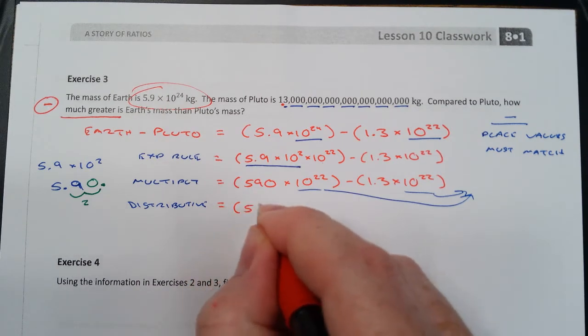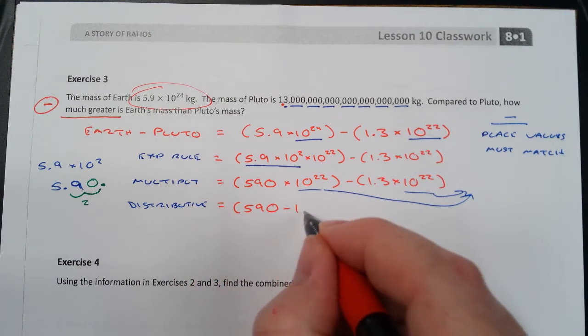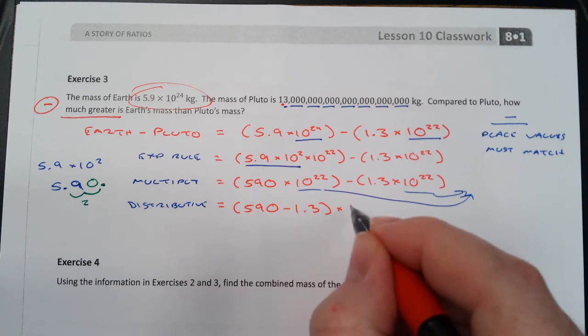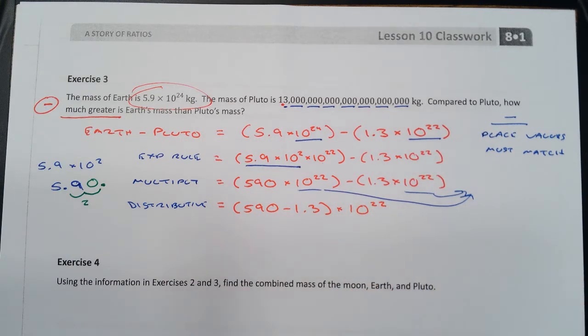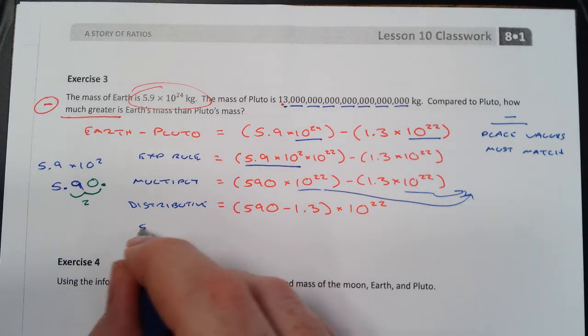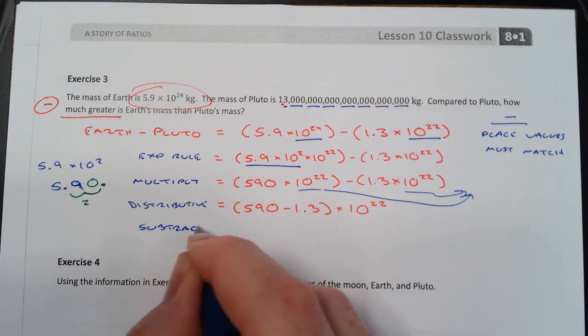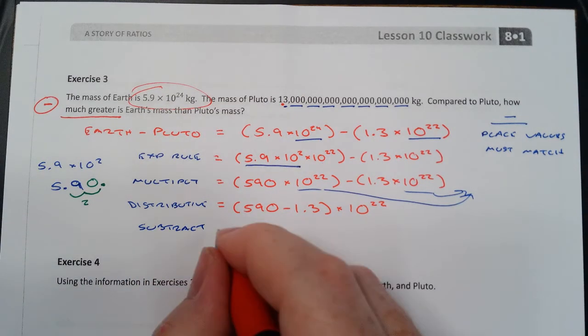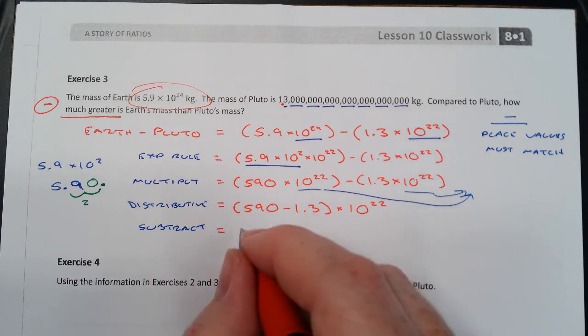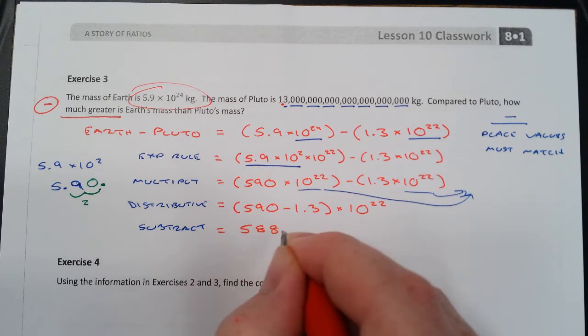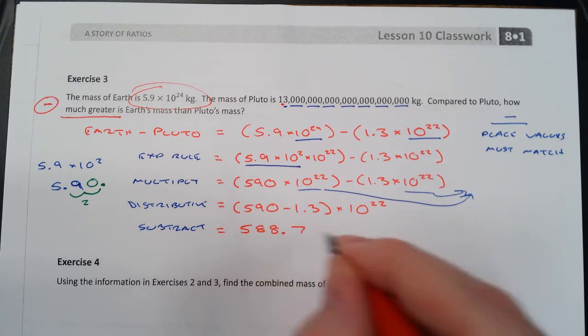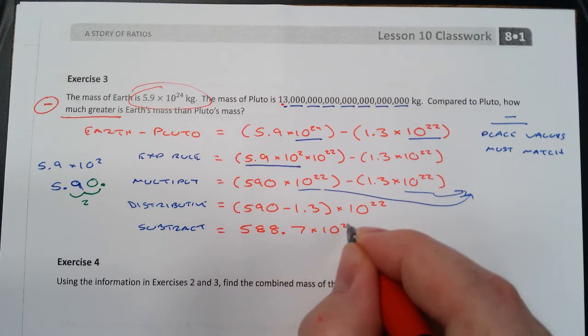So now I have 590 minus 1.3, everything times 10 to the 22nd, because I did the reverse distributive property. Now I'm going to subtract what's inside my parentheses. 590 minus 1.3 is 588.7, and the 10 to the 22nd is still there.